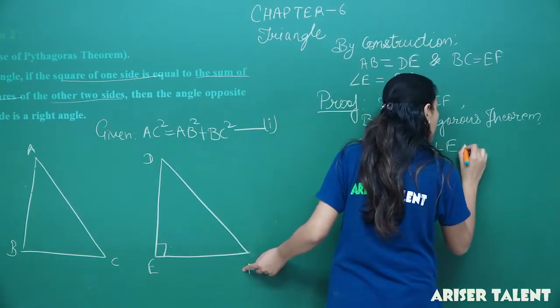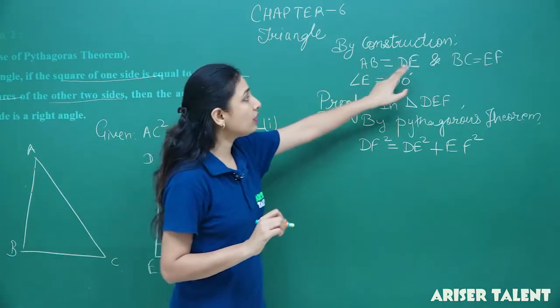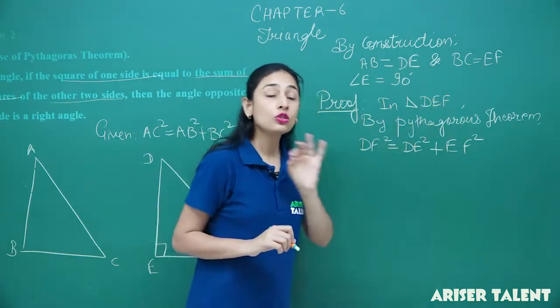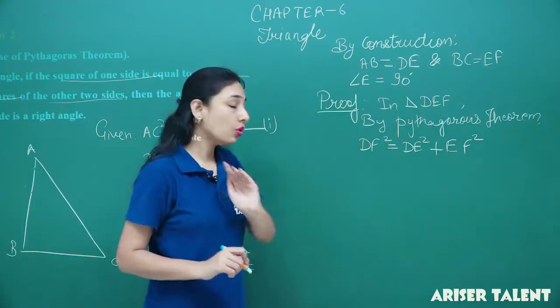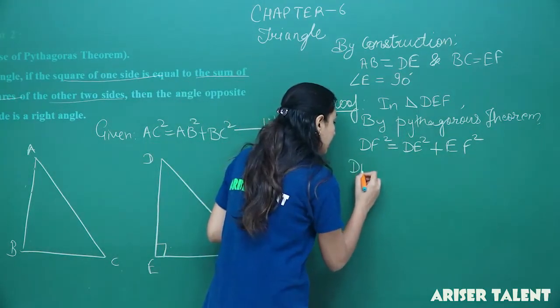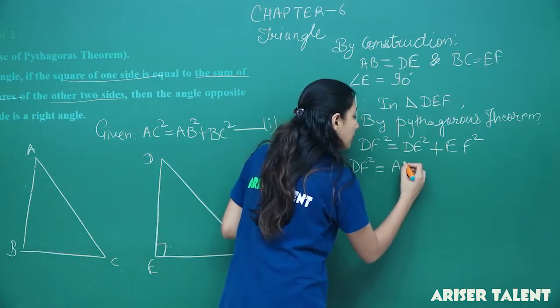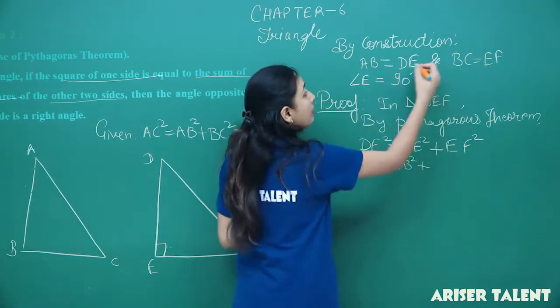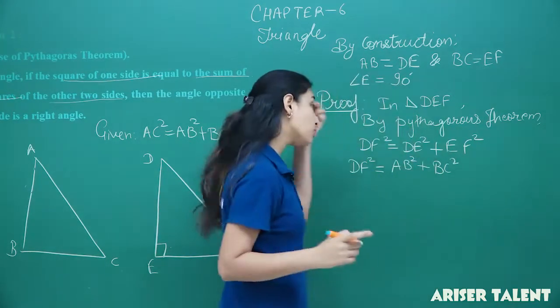Now, I have AB equal to DE and BC equal to EF, so I just have to put these values here. So DF square equals AB square plus BC square.